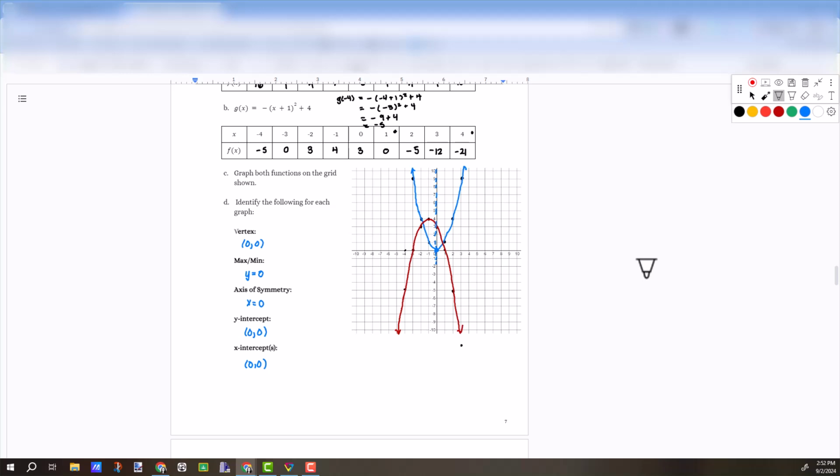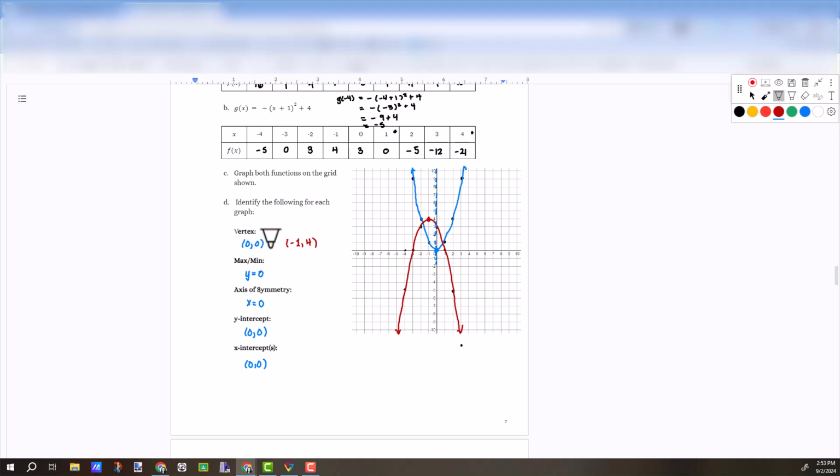Now the same can't be said about this other graph, this g of x. So let's go ahead and do that for this one. We'll do that one in red. So the first thing here we notice is that the vertex is not on an axis or on the origin. It's right here. And its point is (-1, 4), that's the x value and the y value.